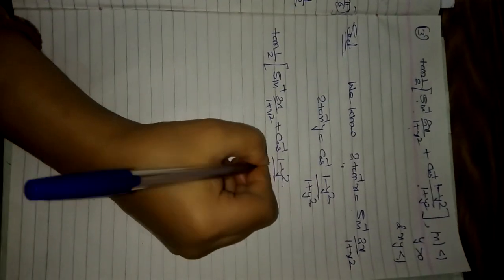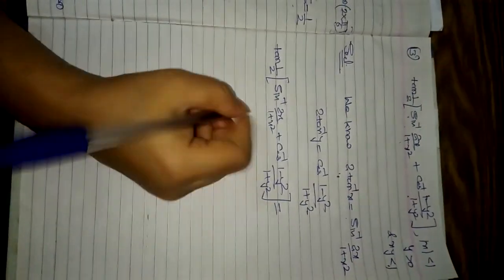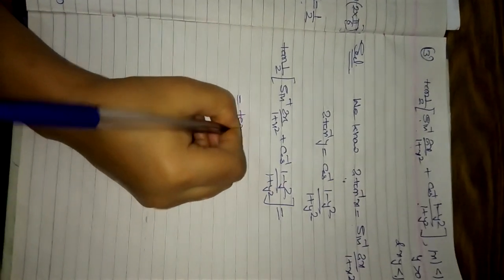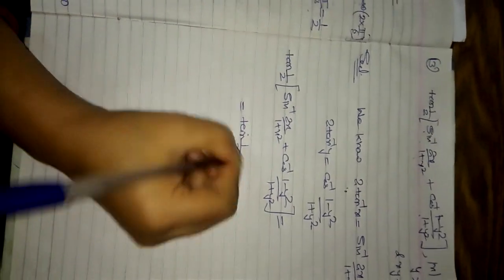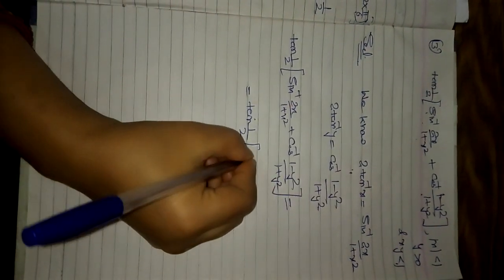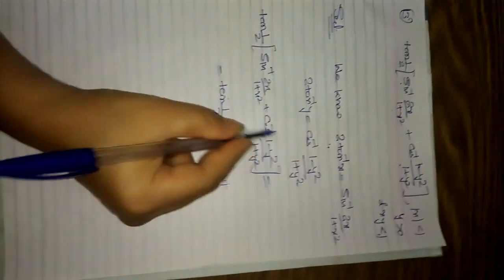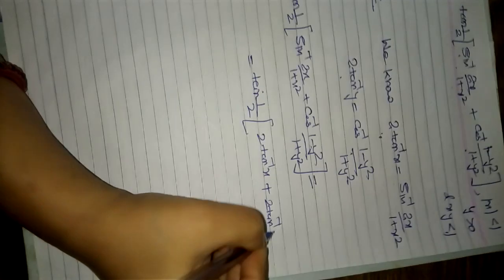Now tan of 1 by 2 into sine inverse 2x upon 1 plus x square plus cos inverse 1 minus y square upon 1 plus y square is equal to, in the place of this term we can write here 2 tan inverse x, plus in the place of this term we can write here 2 tan inverse y.